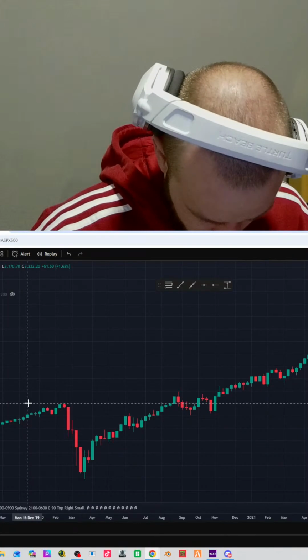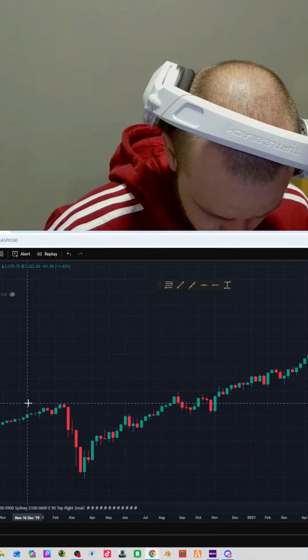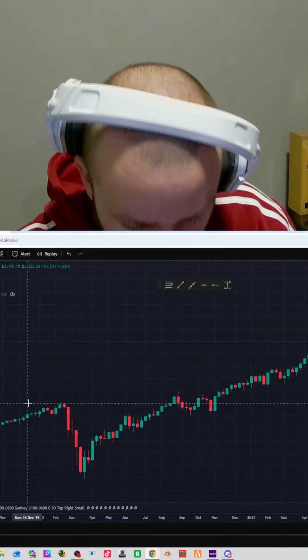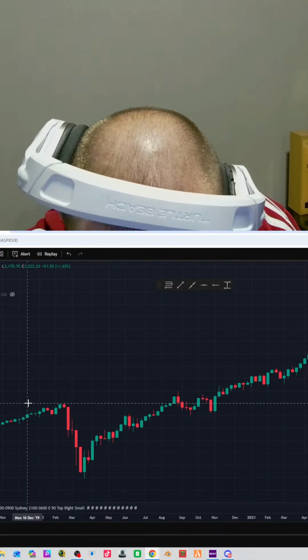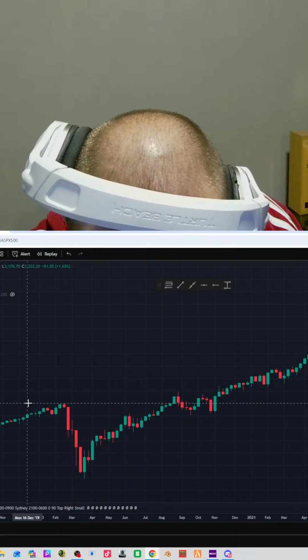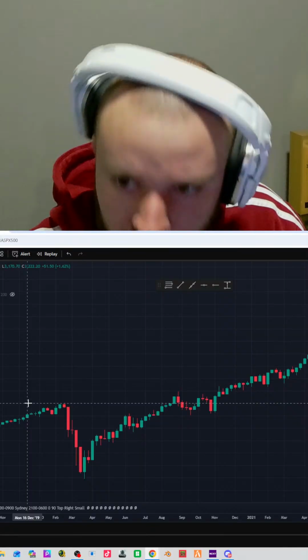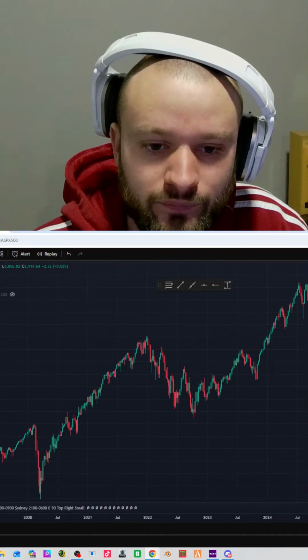Try to look at some of my examples here. So he's on the 4-hour chart as well, looking at this. And from what I'm seeing, let's try the 4-hour chart.